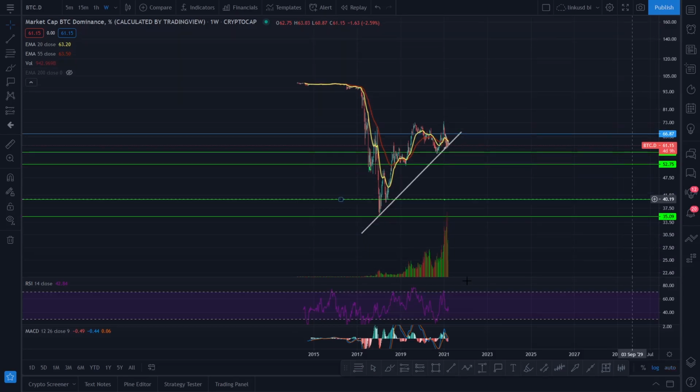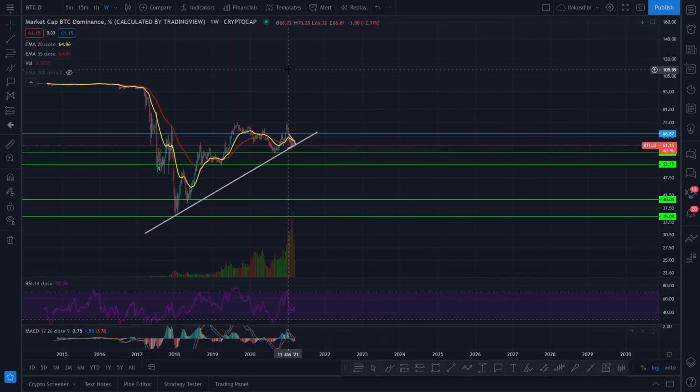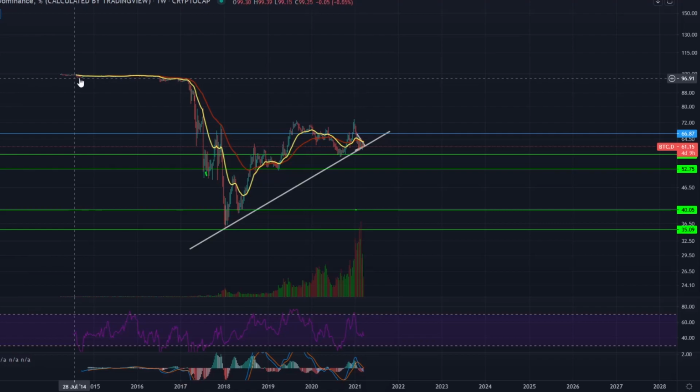On the weekly time frame here, I know this chart looks quite squashed up, but Bitcoin was going along, okay? It had no competition as such. There was fairly little competition to Bitcoin from its inception. As the years go by, we had Ripple come out, Bitcoin Cash, various other projects, and Ethereum. And Bitcoin dominance, if you look to the right, you can see the valuation of it, is up there at 98% crypto market dominance.